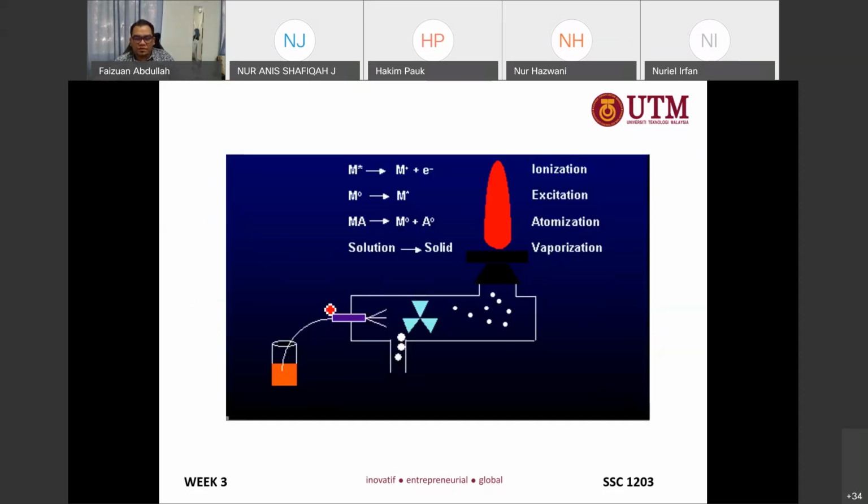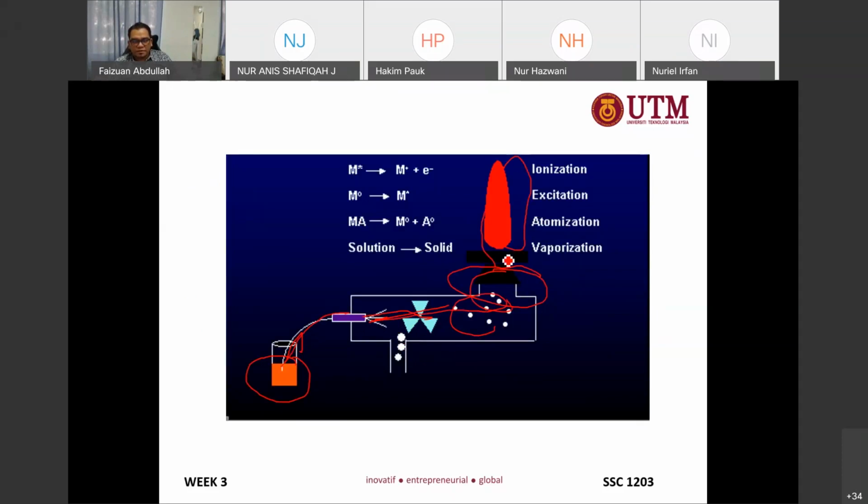Where is our atomizer? Here, that is our atomizer. We have our sample here. We have a suction pump here. The suction pump will distribute our sample into the atomizer, and the atomizer will burn our sample.